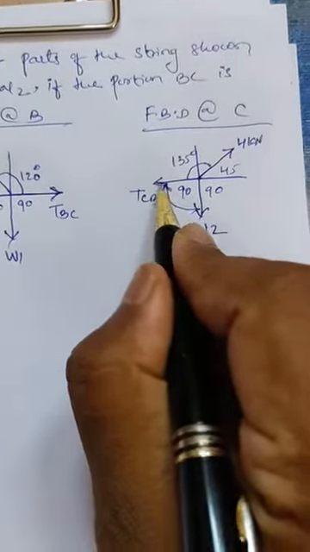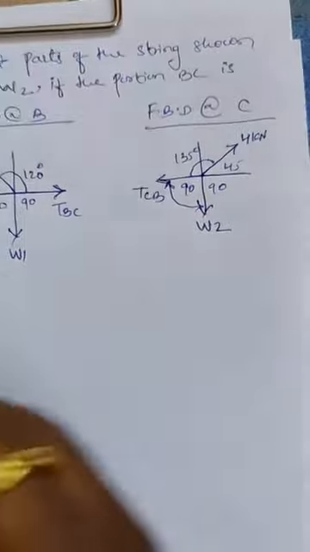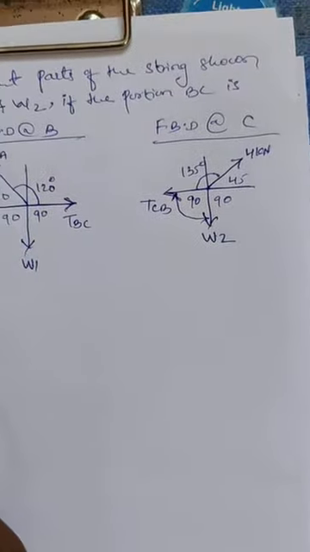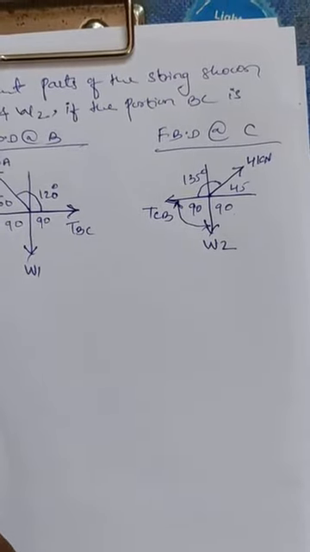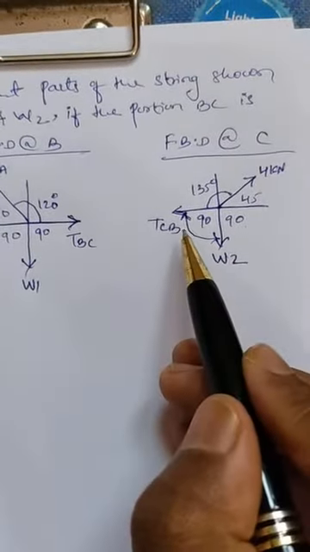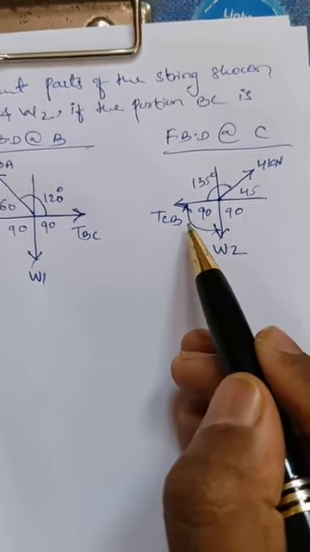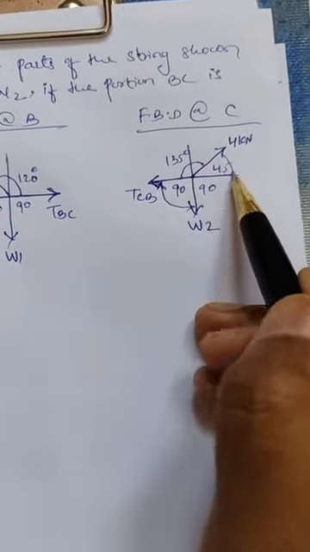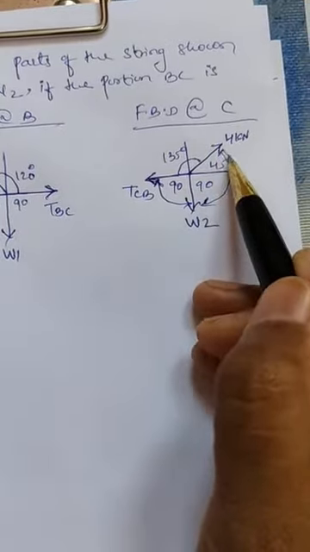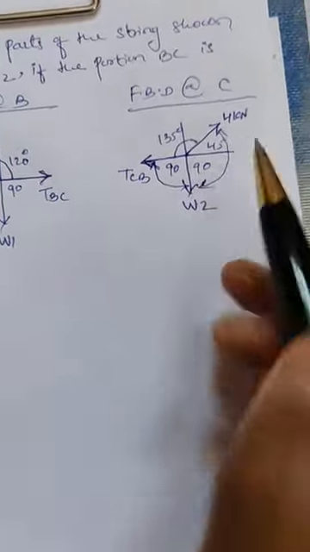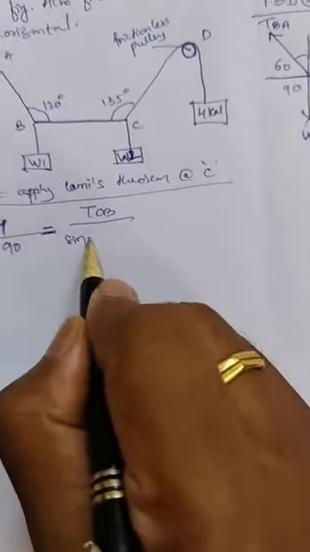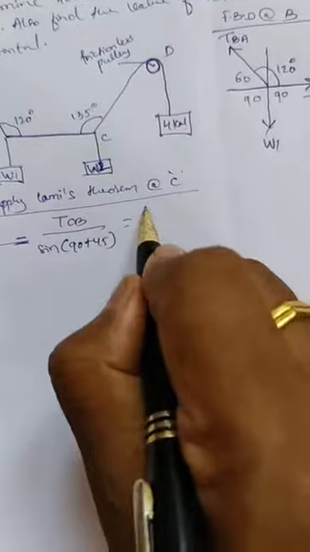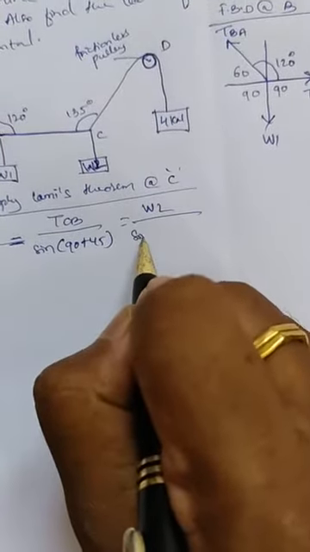The angle between these two forces is 90, is equal to. Next I will consider TCB divided by sine of. When I consider TCB, the opposite two forces are W2 and 4. The angle between these two is 90 plus 45, which is equal to W2 divided by sine of.